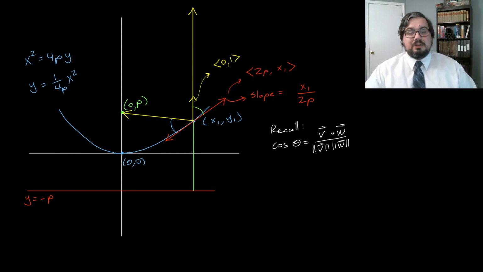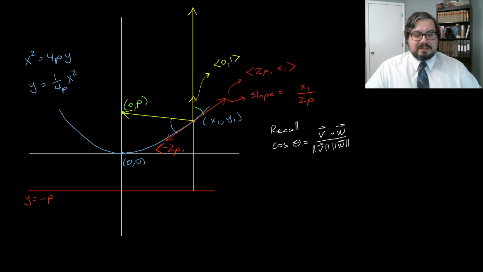And so to compute the green angle, we're going to use these two vectors, 0, 1 and 2p, x1. Now for the blue angle, rather, we're going to take another red vector. It still needs to have a slope of x1 over 2p, but it needs to be going in the opposite direction from the one we just did.